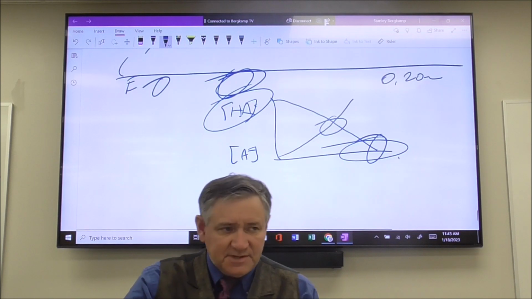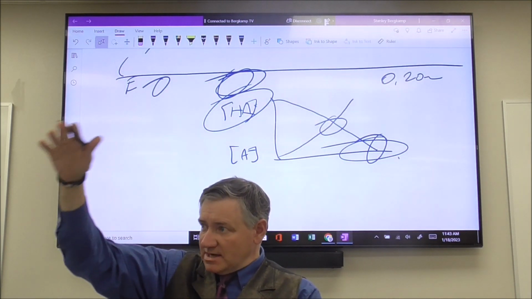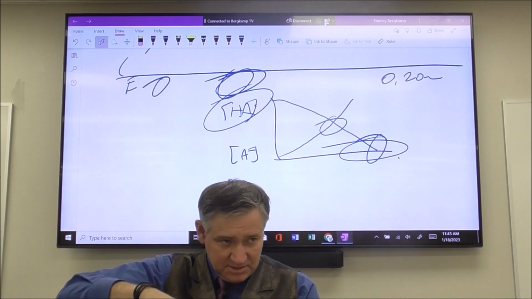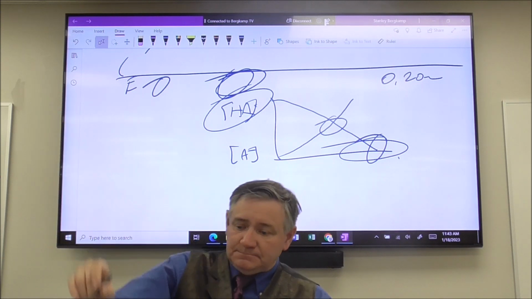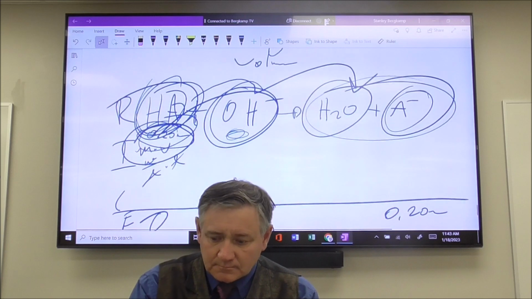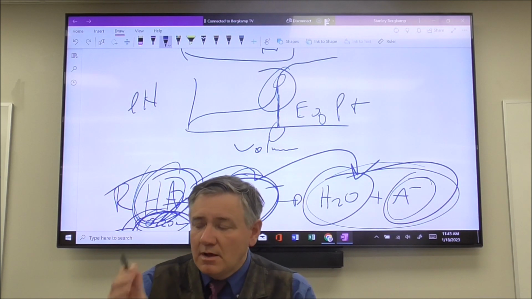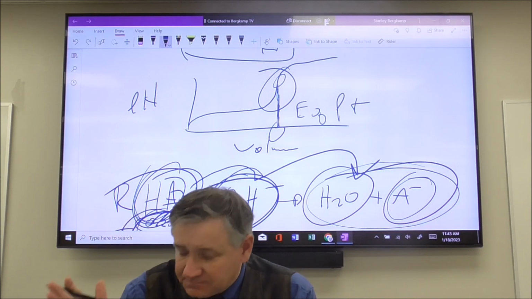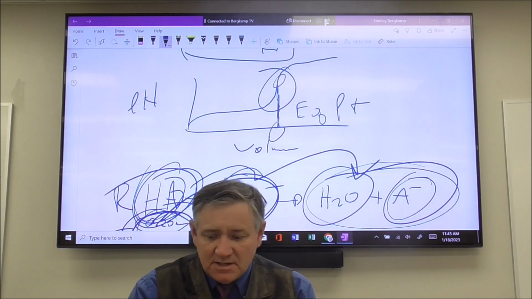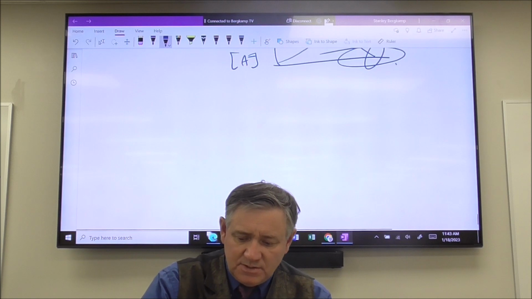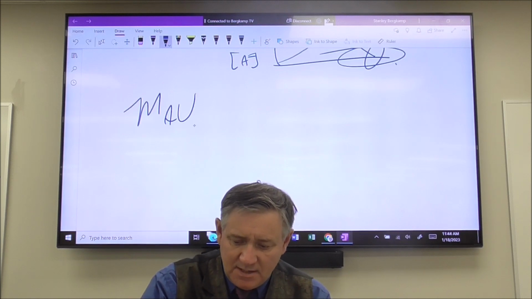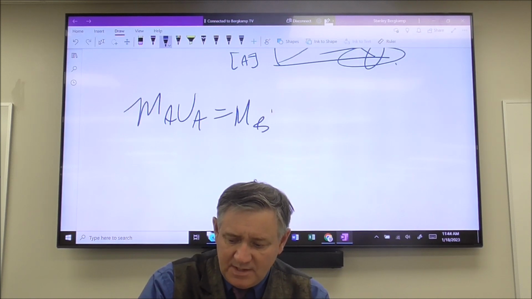So over time the concentration of your acid drops and the concentration of your anion goes up. At the equivalence point, the moles of acid equals the moles of your base. That's what allows you to use MAVA equals MBVB.